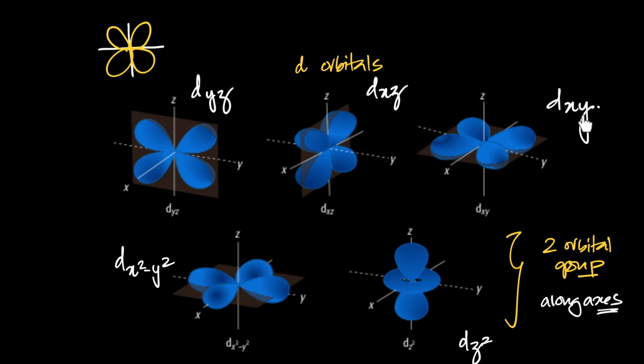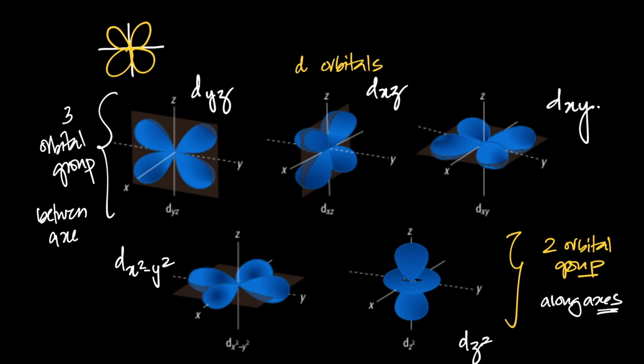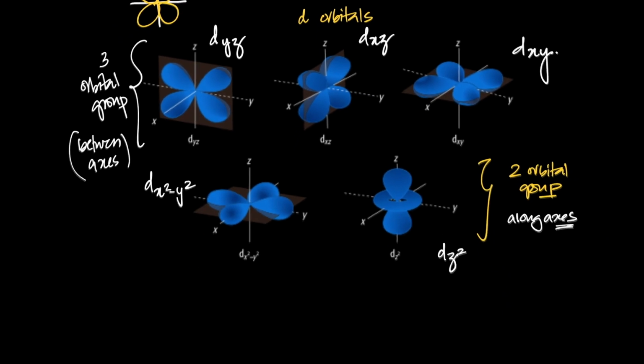And in xy the lobes are between the axes. This is called the three orbital group. And they are lying between the axes. This is along the axes, these are between axes. Okay? Now, it's very easy to see it like this.